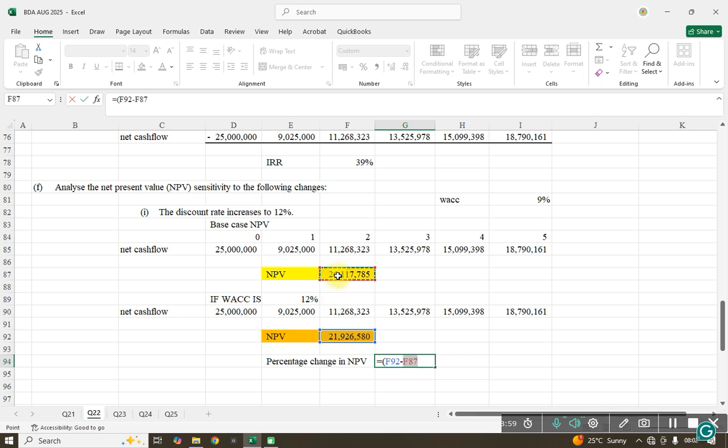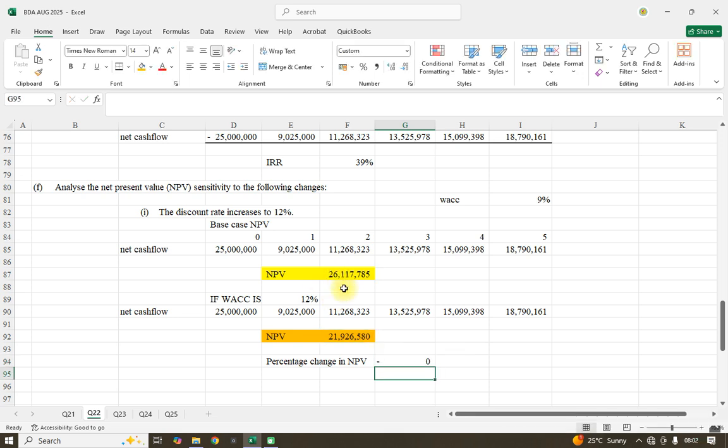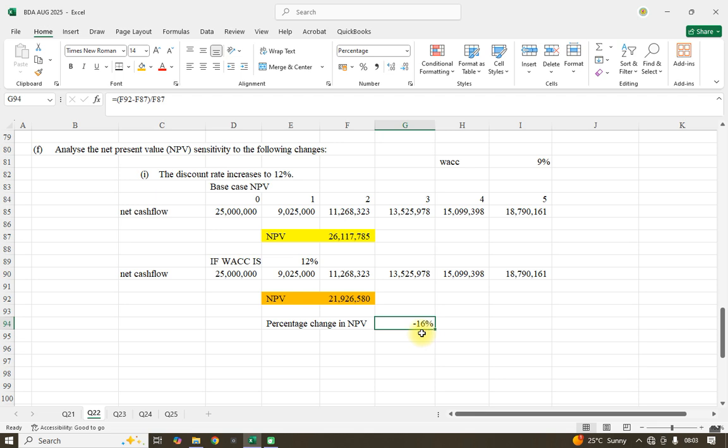The base was 26 divided by the base. That way, it reduces by 16%. That's how sensitive it is. Analyze the net present value sensitivity to the following changes. If the discounting rate increases to 12, the NPV reduces by 16%.